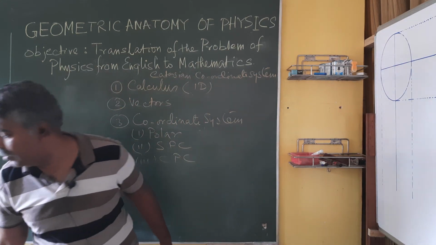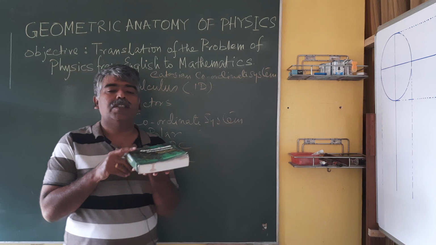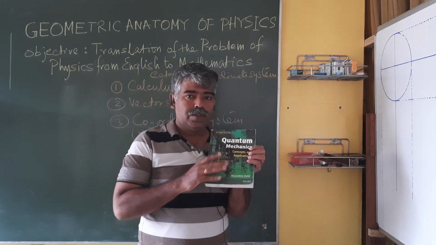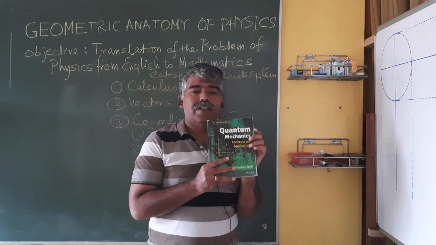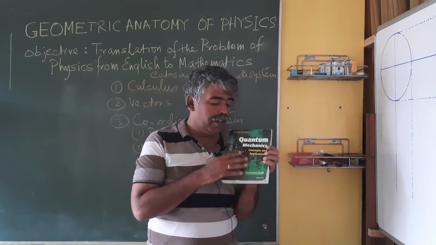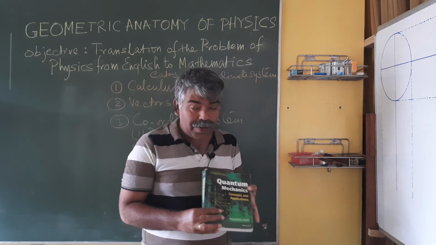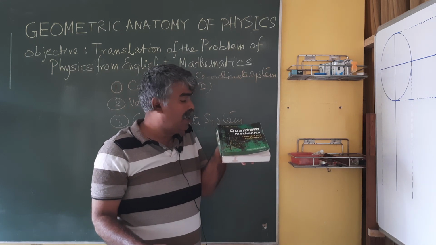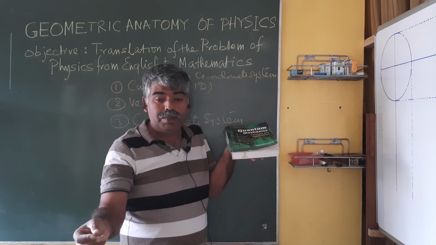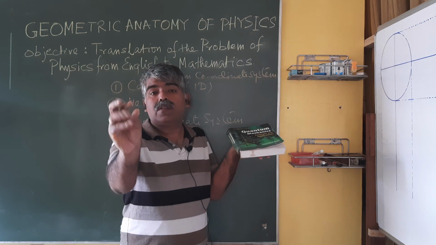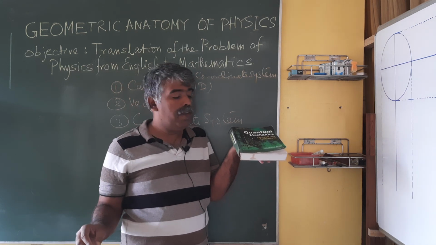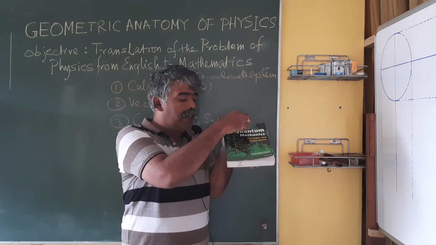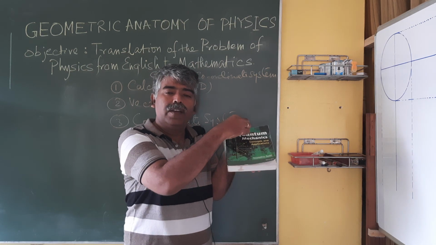For example, suppose this book, you don't need to read the title, it's not for +2 level. Now if I keep it like this and release a thermocol ball, it comes down like this.